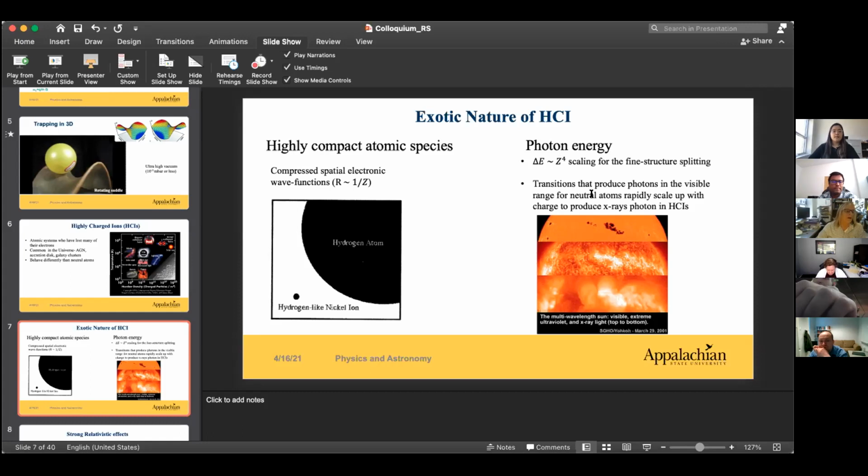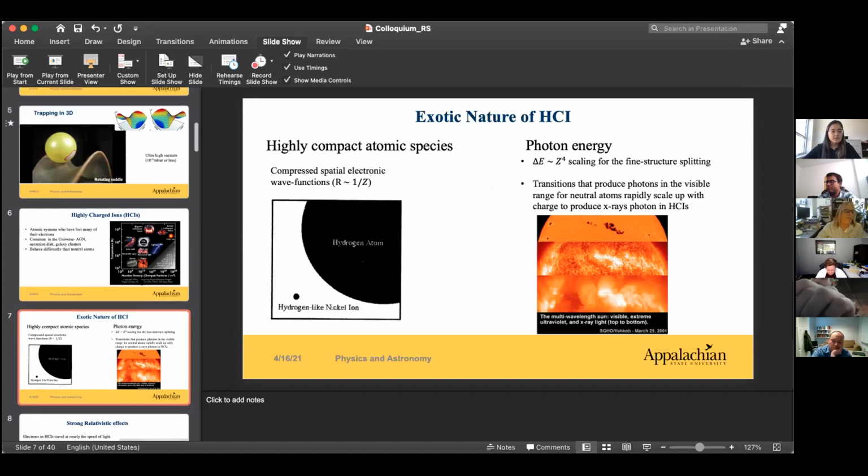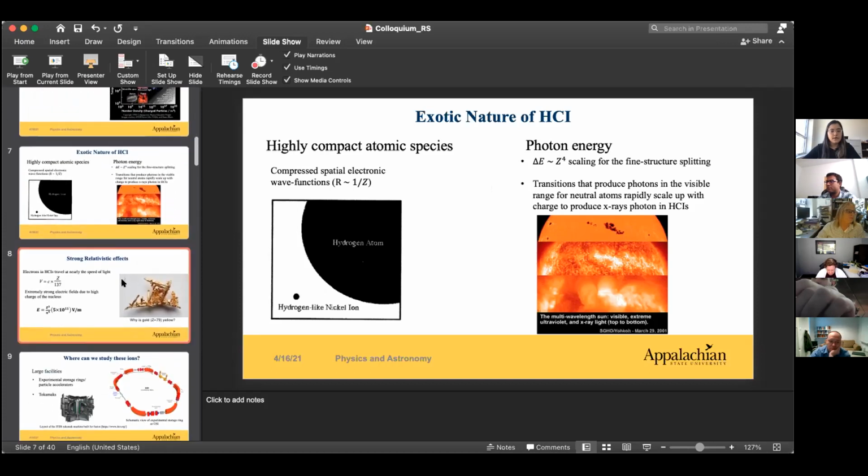So anytime, let's say, one of the NASA X-ray telescopes captures some features, they might very likely be coming from highly charged ions from whatever they were measuring or observing.